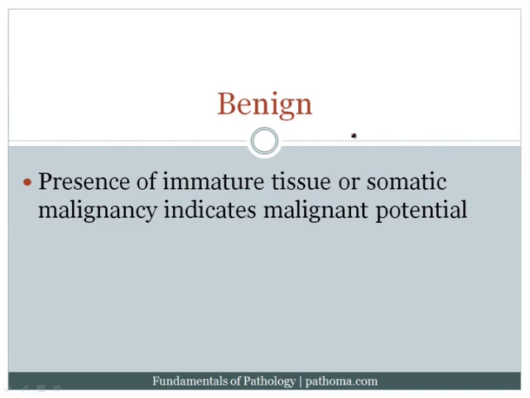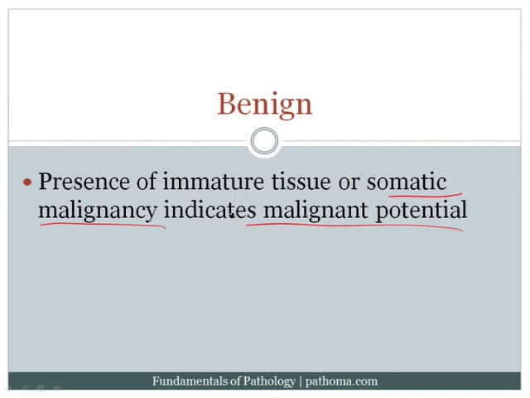Now, you know that a teratoma contains all mature tissue, like mature skin, mature gut, mature bone, etc. It is possible that the tissue in the teratoma can actually have a cancer. For example, in the skin of the teratoma, you can have a squamous cell carcinoma, and that's called a somatic malignancy. And of course, that would also have malignant potential and could potentially spread in the patient.